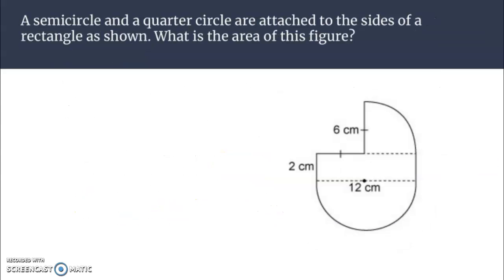Last one here. Looks like we have a semicircle and quarter circle. Here's our semicircle, here's our quarter circle, and we have a rectangle. What's the area of the figure? Well, if you take half of a circle and a fourth of the circle, you get 3/4 of a circle. Add it to the rectangle.